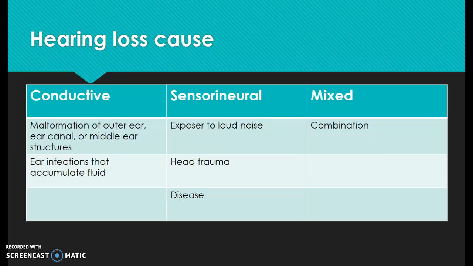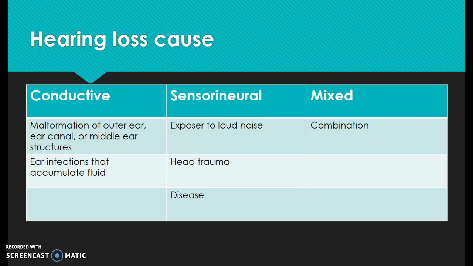Your sensory neural ones. The exposure to loud noise. This damages the hair cells in the ear that relay the message to the neurons, and once they are damaged, they can't grow back. They don't come back and start working again. The next one is head trauma. Once those neurons are damaged, they don't get replaced.